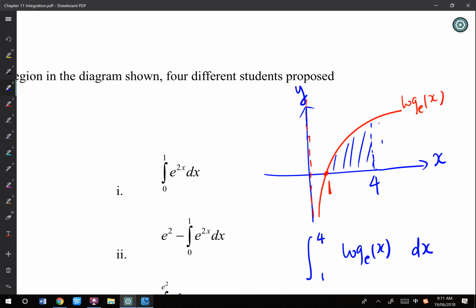Okay, this is the white area I need. So y is your horizontal, so the lowest point is 0 to log_e 4. So this point is log_e 4 on that side. So it's the integral from y equals 0 to y equals log_e 4 of e^y dy.